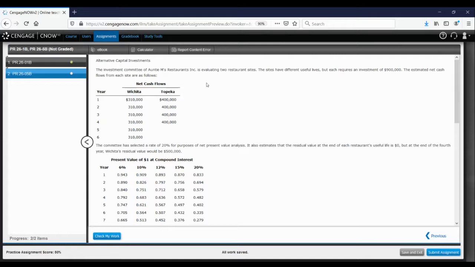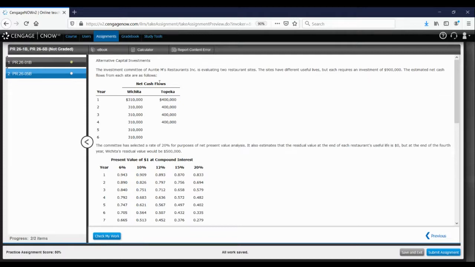In this company, we're evaluating two restaurant sites. One's going to be in Wichita, and the other one is going to be in Topeka. Each have different useful lives, but each requires the same initial investment or the cost of $900,000.